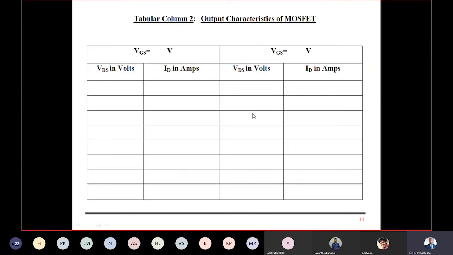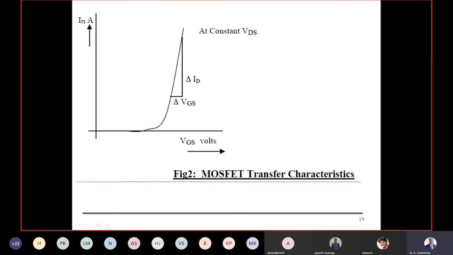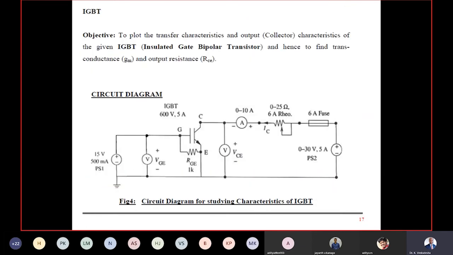Now the same transfer characteristics and output characteristics we are going to do for the IGBT also. The circuit remains the same. PS1 15 volt 500 milliamp, PS2 30 volt 5 amp, VGE. In the IGBT there are three terminals called gate, collector, emitter. IGBT is a combination of MOSFET and BJT.